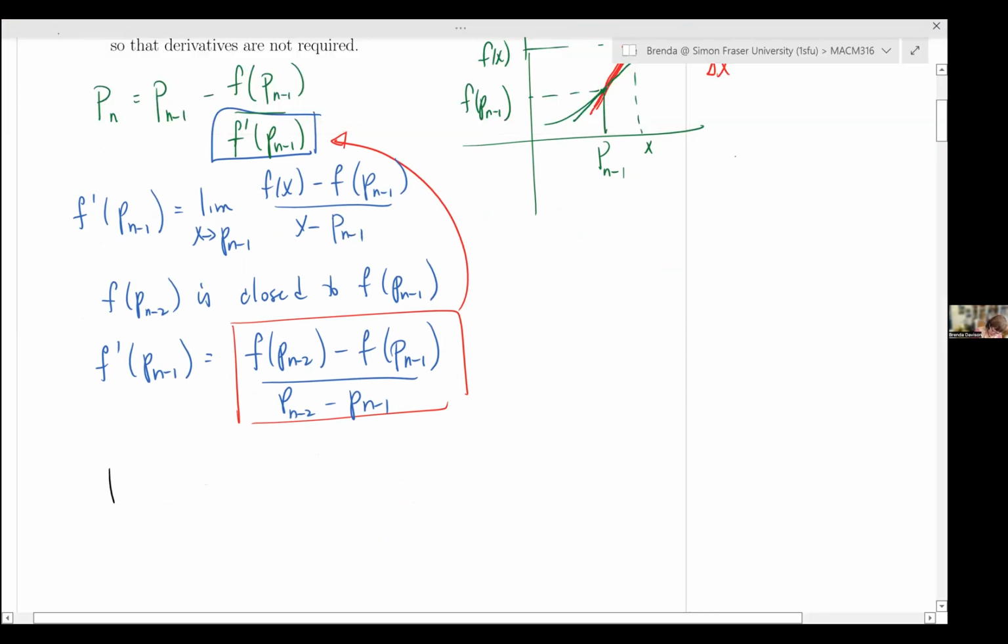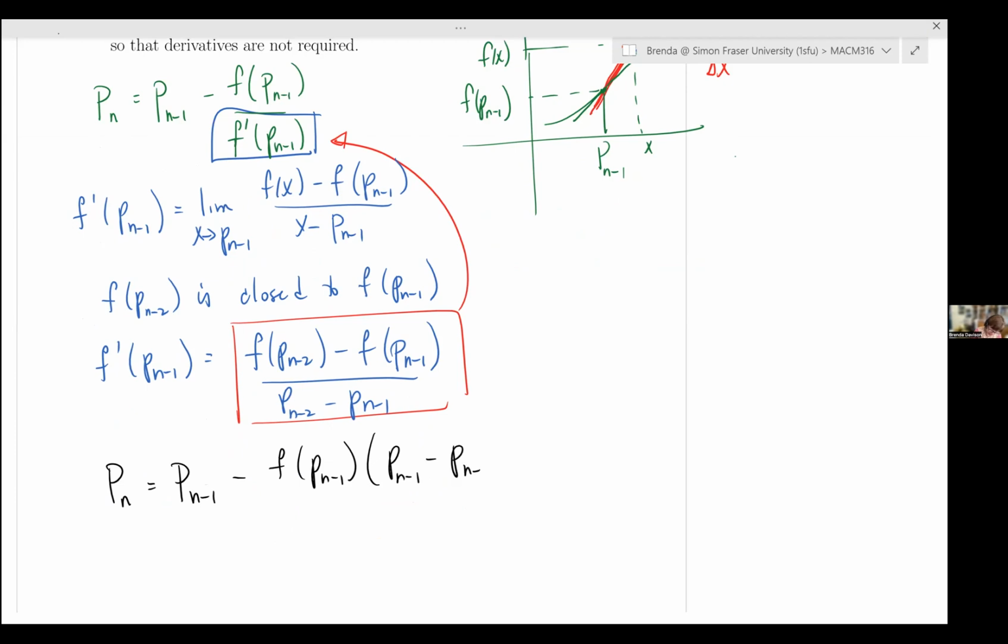The calculation will be done in the following manner. The nth iteration for the root will be Pn minus 1, minus f of Pn minus 1 times Pn minus 1 minus Pn minus 2, divided by f of Pn minus 1 minus f of Pn minus 2.